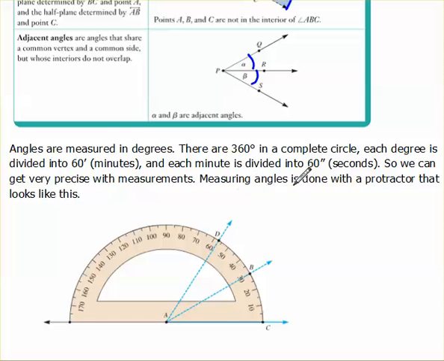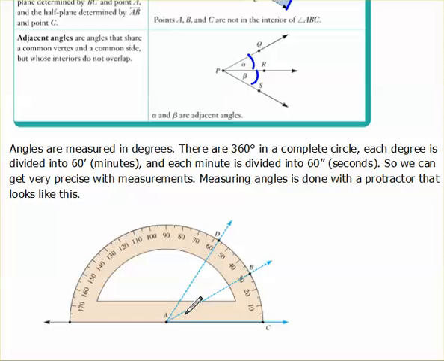Measuring angles, like I said, is done with a protractor, and this is what a protractor looks like. And we always have the terminal side of the angle, one side of the angle, that we put the vertex in the center of the protractor and line it up. And then the opposite side, wherever that lands on, that is the measure of that angle.